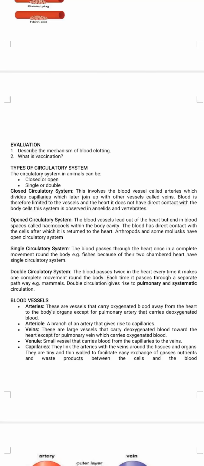In the closed system, the blood vessel, just like the artery, divides into capillaries and later joins up with other vessels like veins. They all form a network in which blood moves round the body.